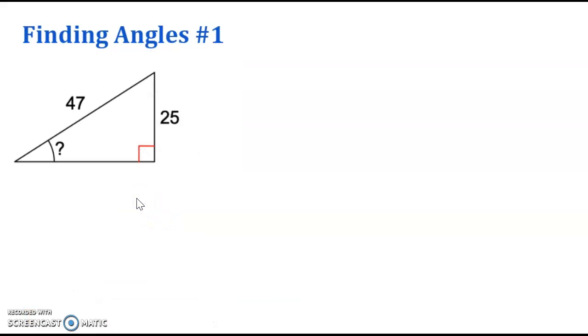Okay. All right. So then let's move on to finding angles number 1. So far we were given an angle and one of the side lengths. So what if this time we are given two of the side lengths, but we're trying to figure out the angle? Okay, so can we do that?